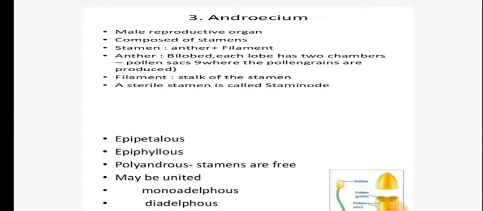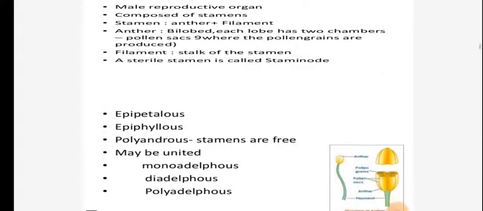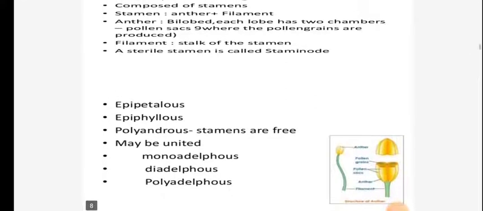Then secondly, androecium. It is the male reproductive organ composed of stamens, and it shows the anther and the filament. The anther is attached to the filament. Each anther shows a bilobed structure with pollen chambers, so pollen grains are produced inside it.